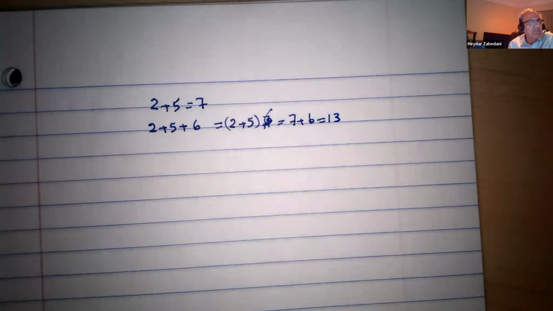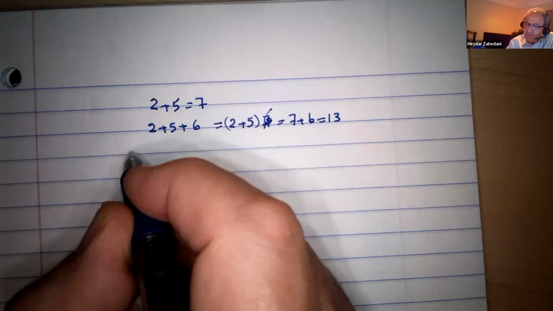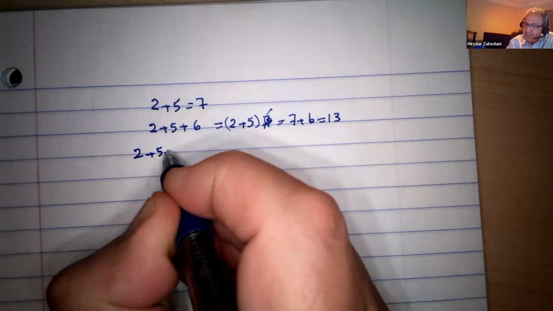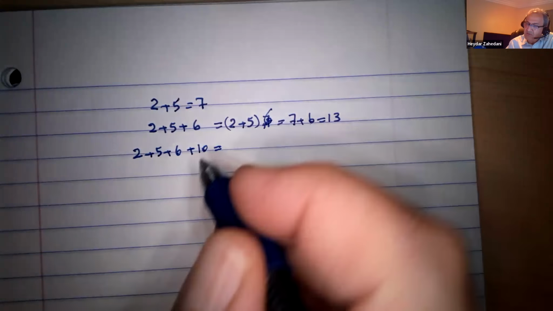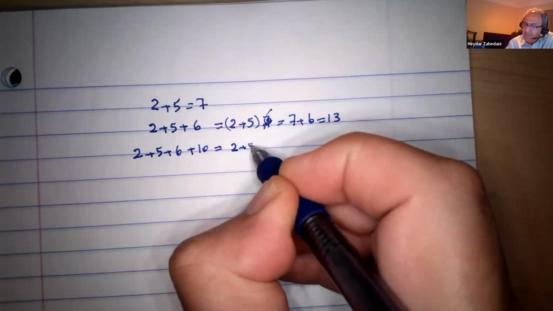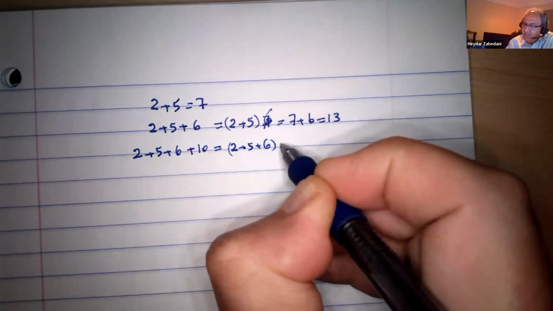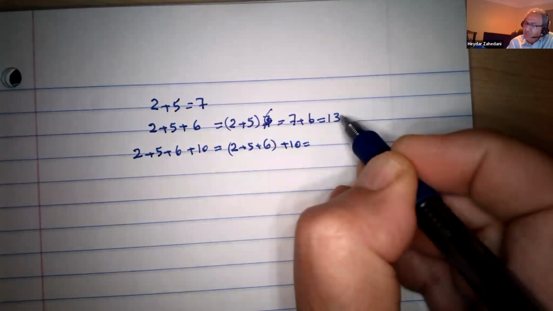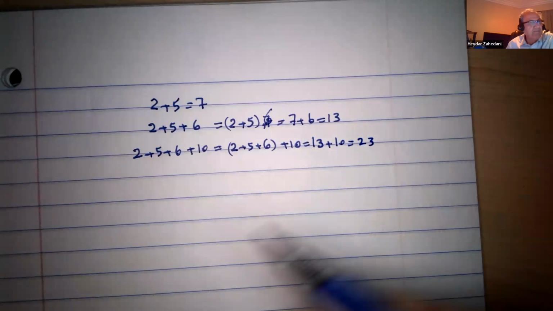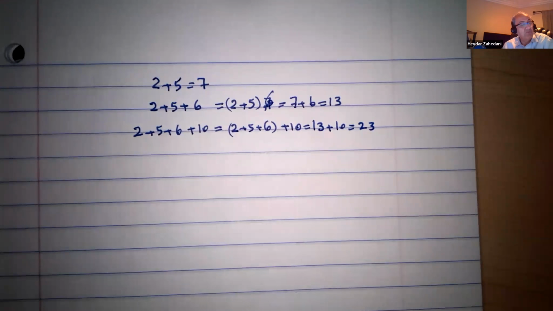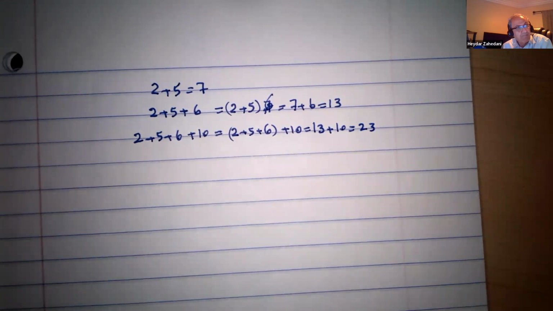This is the way you do it. If I give you 4 numbers, 2 plus 5 plus 6 plus 10, you do the 3 numbers first, then the 10. You already got 13, plus 10 gives you 23. So if they give you various numbers, this is the way you do it.